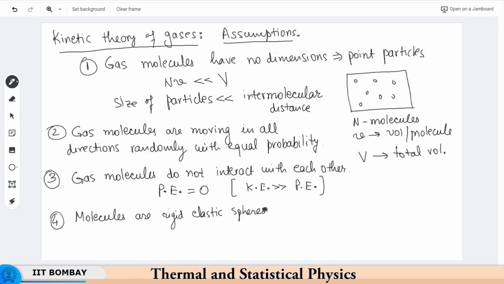All these molecules are spheres and they are completely elastic. What does that mean? If two molecules collide with each other, they will not lose any energy. Basically this implies energy remains conserved after collisions, right.